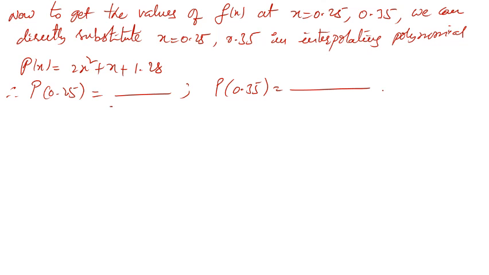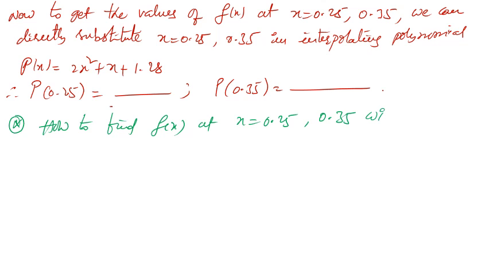Okay, you calculate this. Now the main point is how to find f of x at x equal to 0.25 and 0.35 without finding the interpolating polynomial.